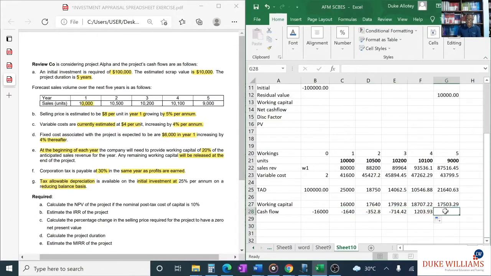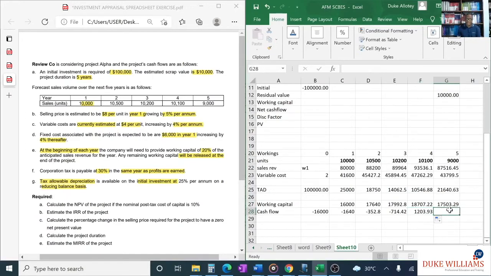Then at the end of the day, the total I've invested is 16,000 in year one, an extra 1,640, and an extra 35.2714. And you see, given that in the final year the total I needed was less than that which I invested in year four, it becomes positive here, showing that money has to be released.